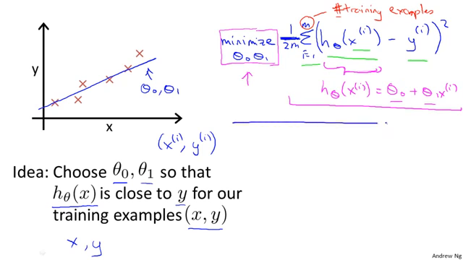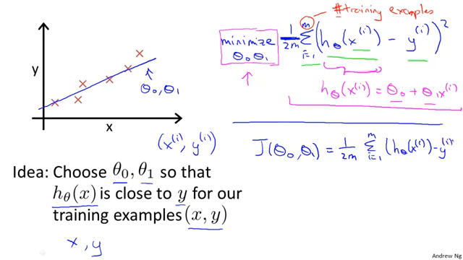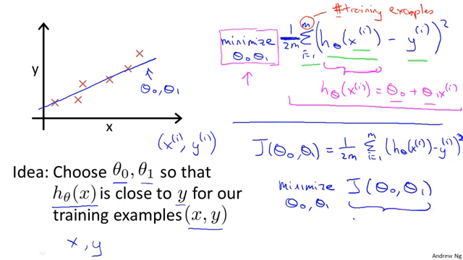And just to rewrite this a little bit more cleanly, by convention we usually define a cost function, which is going to be exactly that formula that I have up here. And what I want to do is minimize over theta 0 and theta 1 my function J of theta 0 comma theta 1. This is my cost function.